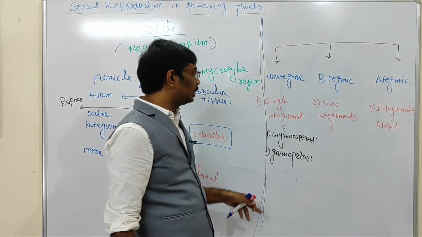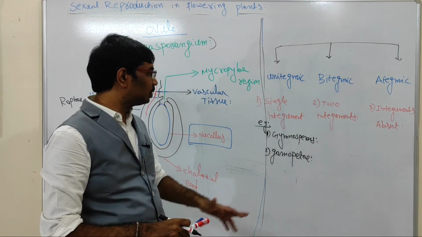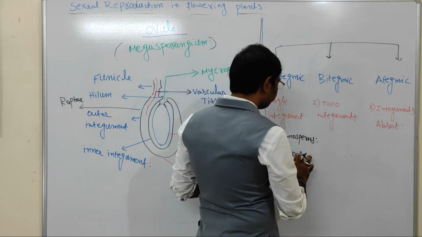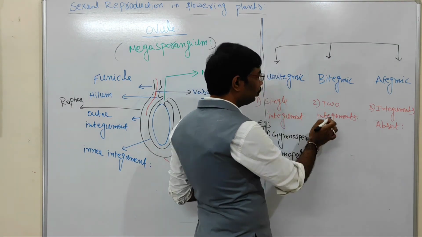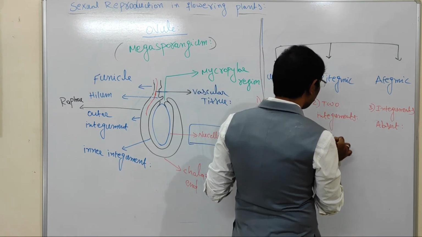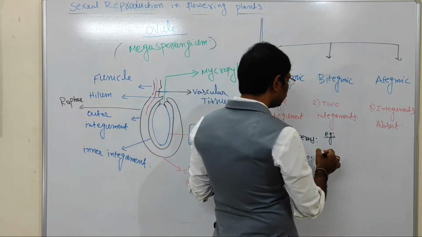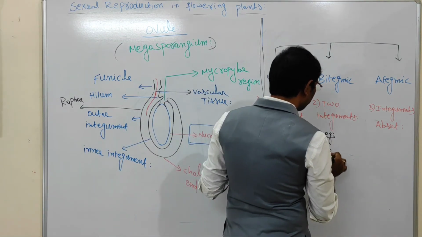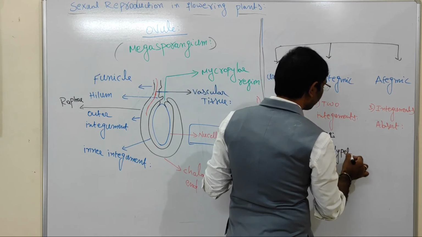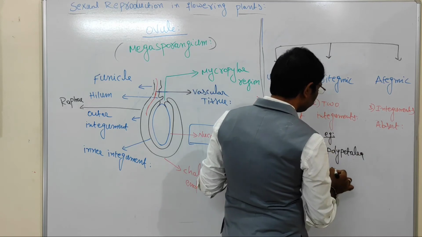So examples of single integument plants are gymnosperms and gamopetalae. And bitegmic means two integuments. What are the examples of bitegmic plants? Two integuments are present in polypetalae, otherwise you can say monocots also.